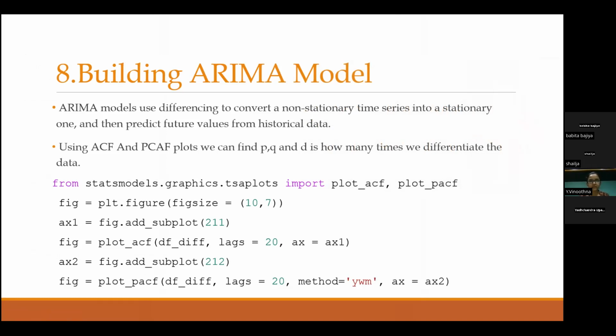As we have done, we made the differencing once to convert the non-stationary time series into stationary. This ARIMA model is used to predict future values based on the historical data. To build this ARIMA model, we have to find three values, P, Q, and D. These P, Q, and D values will be found using the autocorrelation plot and partial autocorrelation plots.